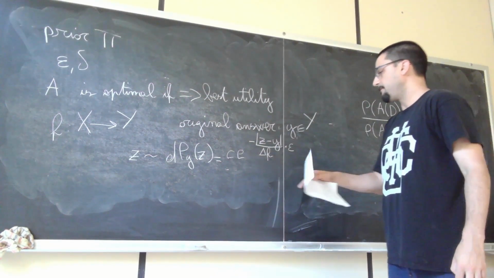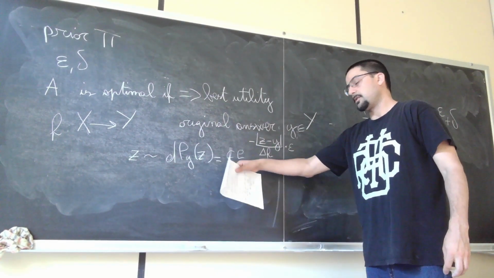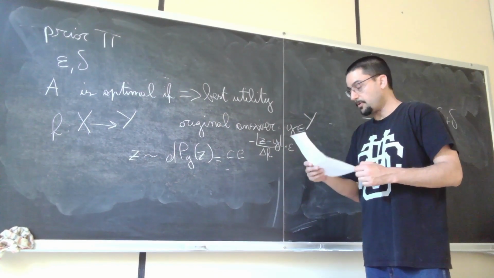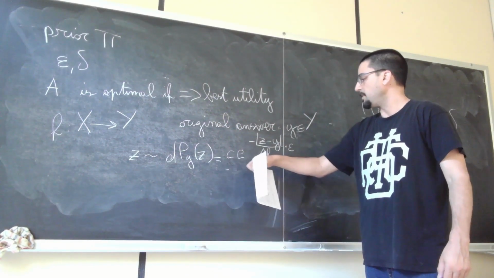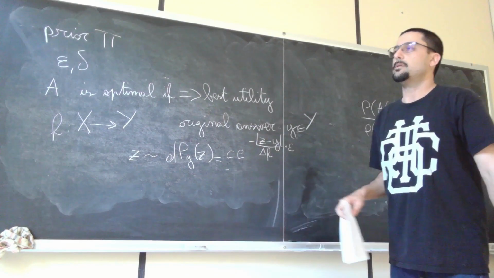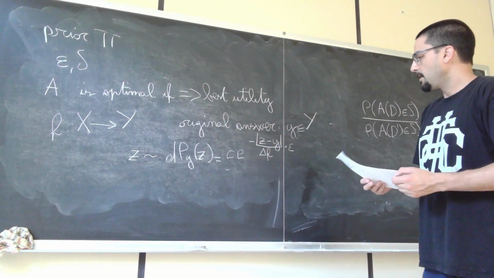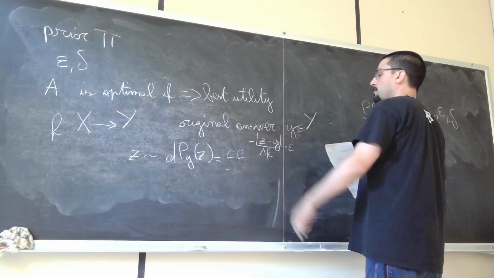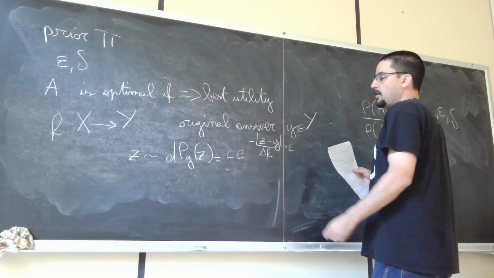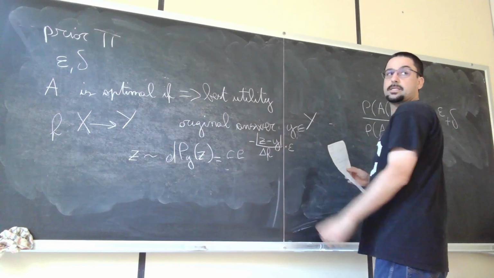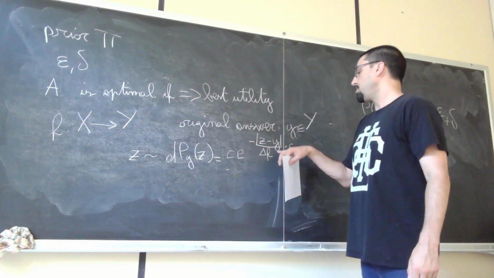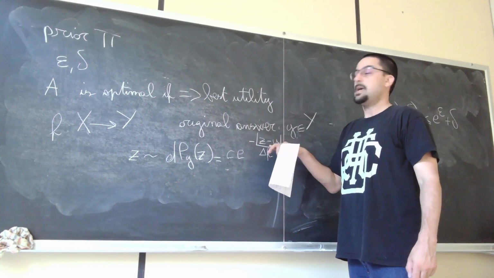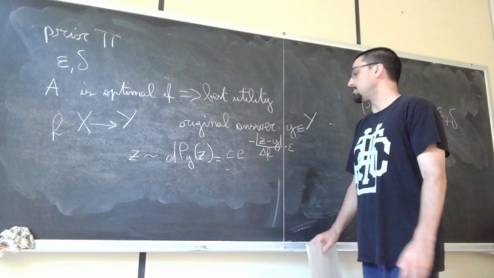C is a constant, also called a normalization factor. We will see it in a minute. e is simply the number e, and it is exponentiated to this particular power, which is basically the distance between the original answer Y and the randomized answer Z.